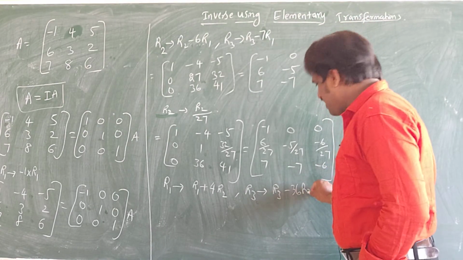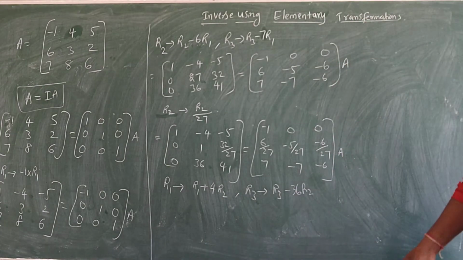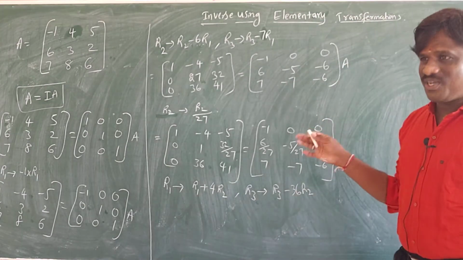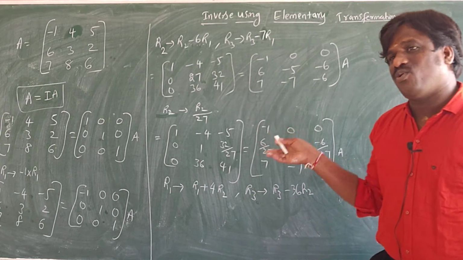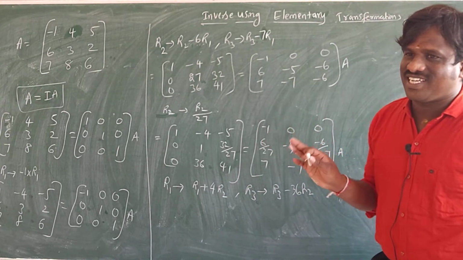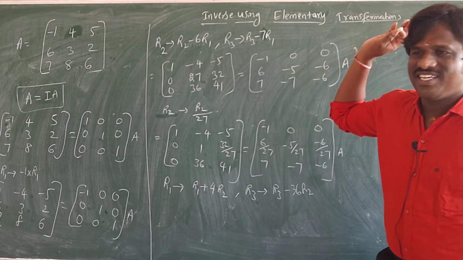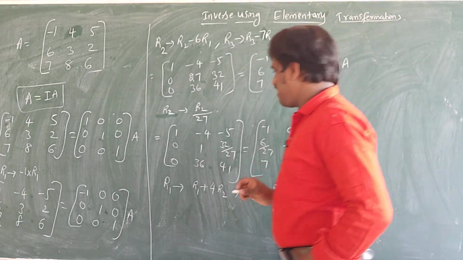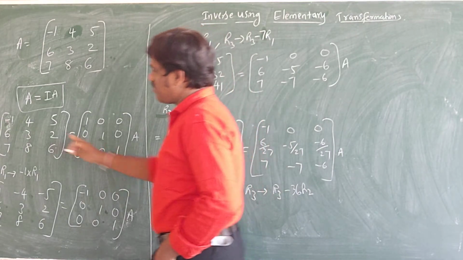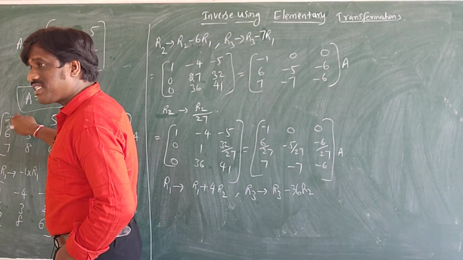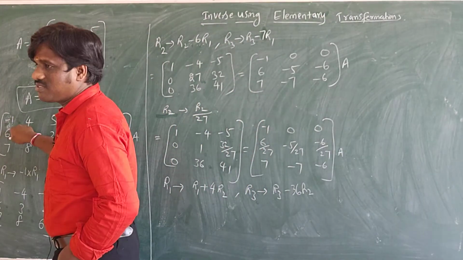Arey, you don't take like that. That is what I am telling. You are not understanding. If you want to take it like that, the pages will go on and you will not get the answer. By mistake, you might get the answer, otherwise the pages will go on. You try at home, you will understand. First, our target is what? Make this 1. Take the help of this, make the other 2 zeros.